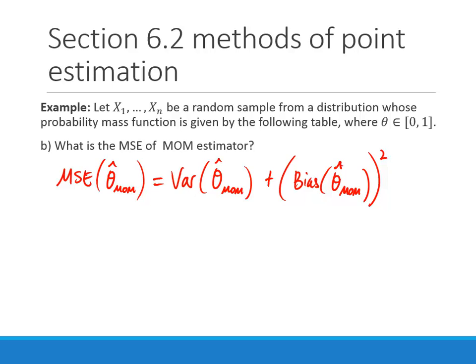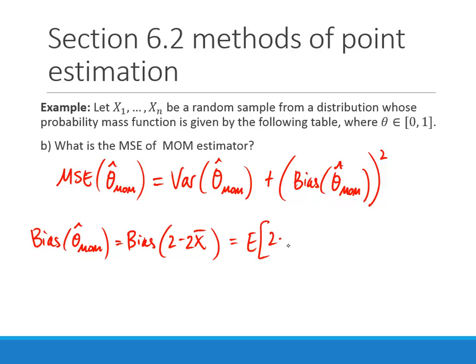Okay, so let's first think about what the bias of this estimator is. The bias of the method of moments estimator. Well, that's just the bias of 2 minus 2x bar, which is the expected value of 2 minus 2x bar minus theta.